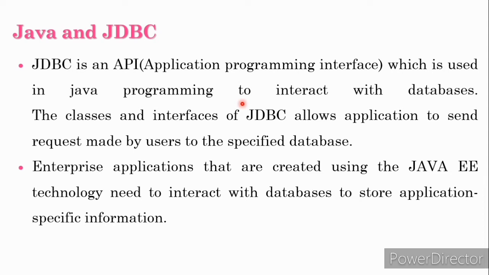The classes and interfaces of JDBC allow applications to send requests made by the users to the specified database. Enterprise applications that are created using Java EE technology, that is, Enterprise Edition technology, need to interact with the databases to store the application specific information.